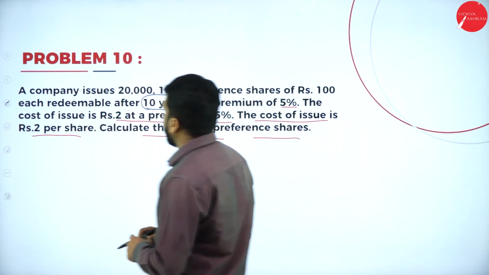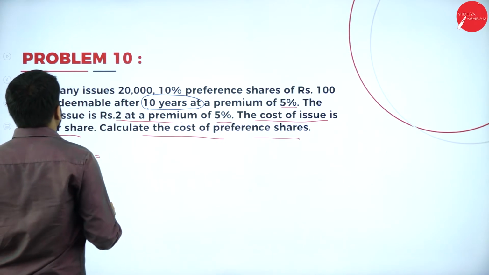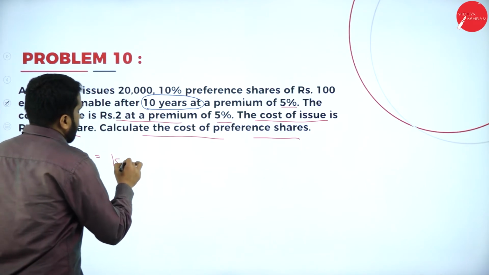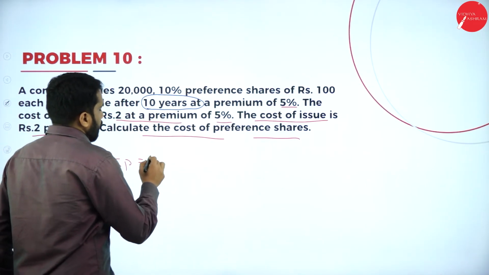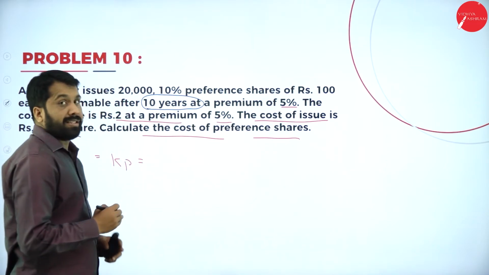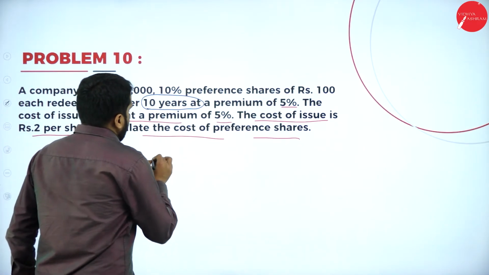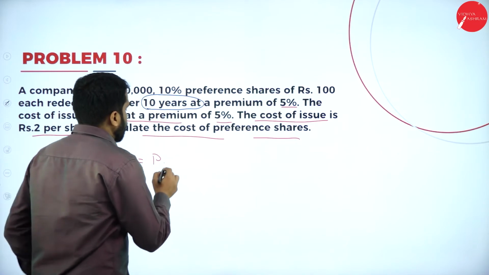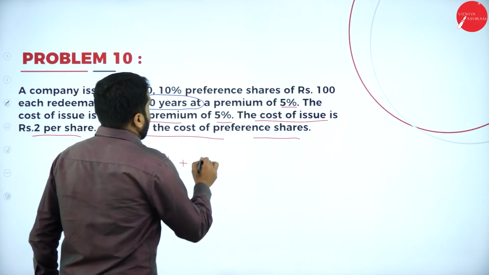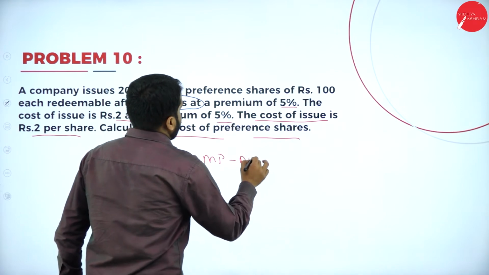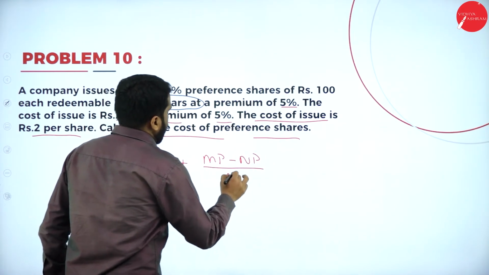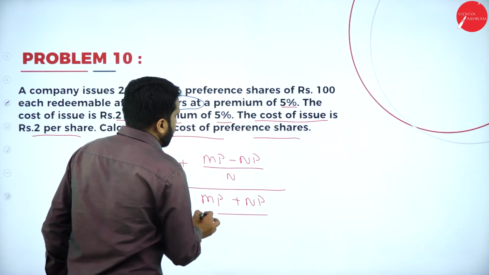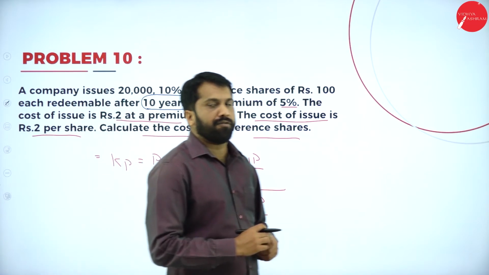We'll calculate this. The company issued 20,000 preference shares. What is the formula? KP is equal to preference dividend, PD, plus MP minus NP divided by number of years, whole divided by MP plus NP divided by 2. This will be your formula.